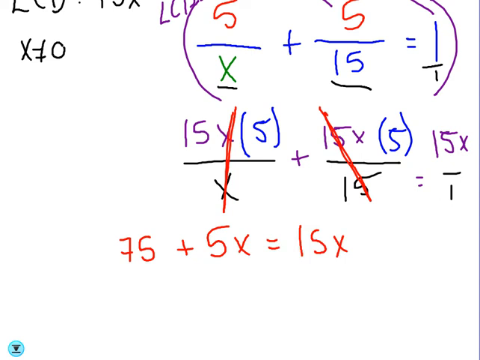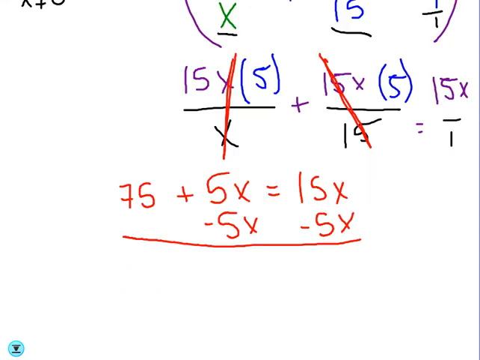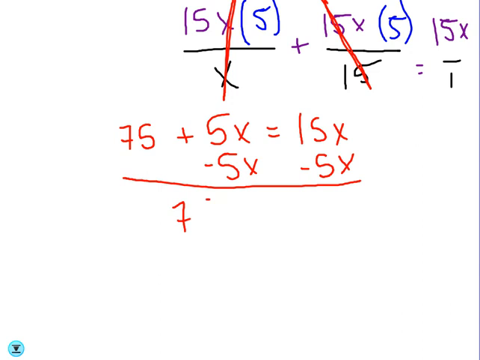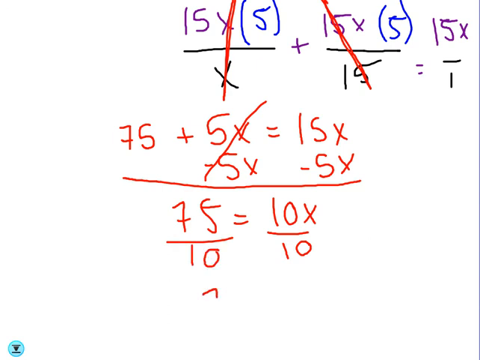Now we want to get x by itself, so I'm going to go ahead and subtract 5x over. Give us some more working room here. 75 is equal to 10x. Divide by 10, divide by 10, and working alone, Michelle, it would take her 7.5 hours.